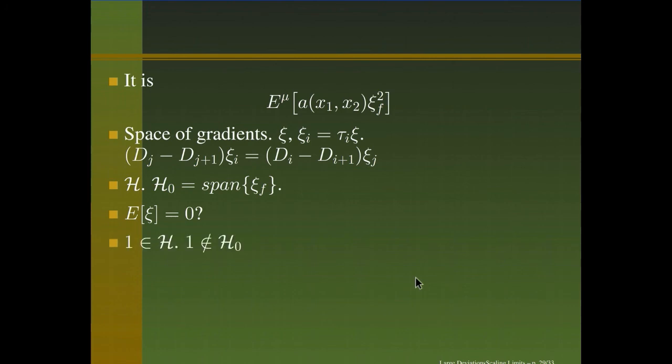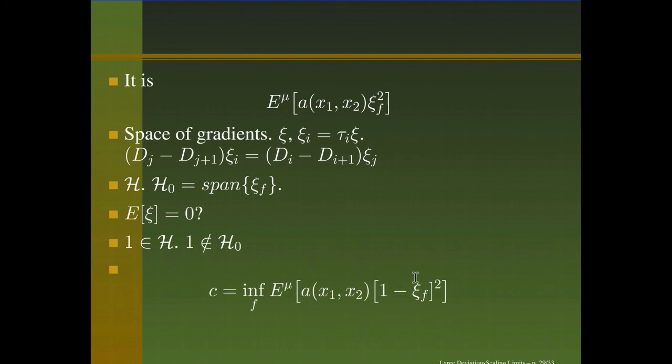Well, there is an object, namely the constant 1. It's clear that it's a gradient, and it's clear it's not mean 0. And there is a theorem which says that H0 and 1 generate everything. So if you have something in H which is mean 0, it's actually in H0. That can be proved.